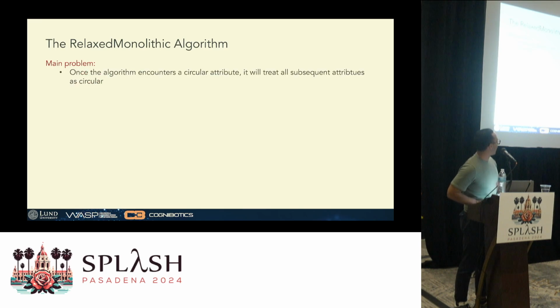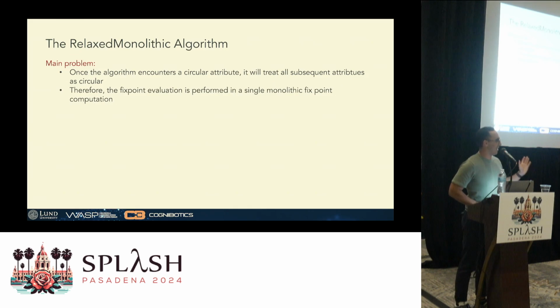So the problem is that as soon as we encounter a circular attribute, all the downstream attributes will be treated as circular, even agnostic ones. And this implies that we will compute everything in the circular evaluation in a big monolithic fixed point computation.